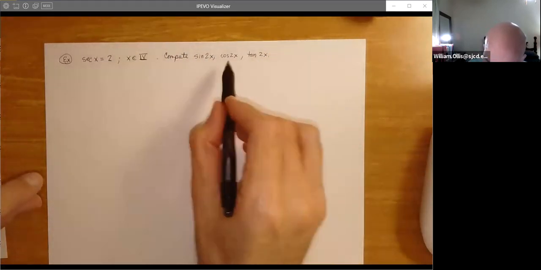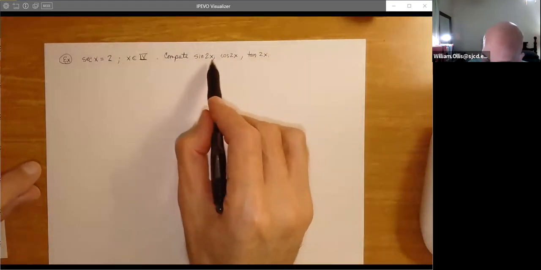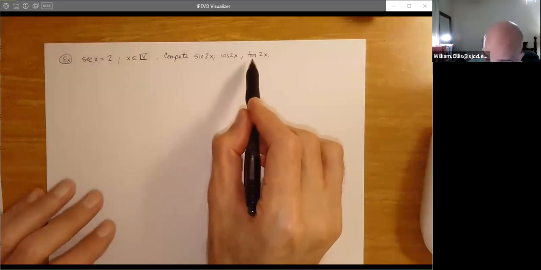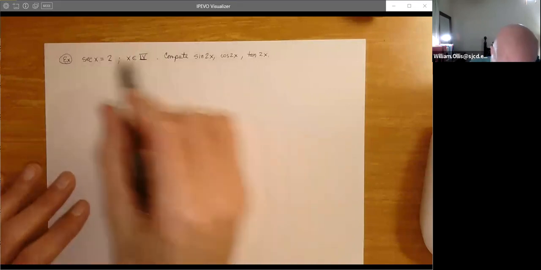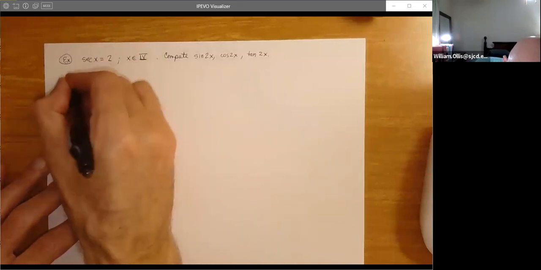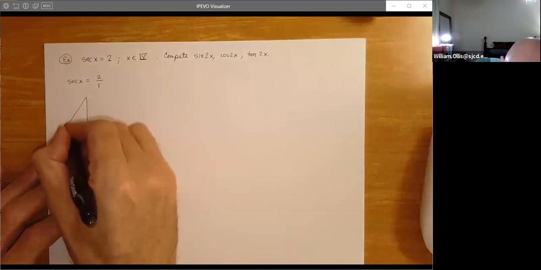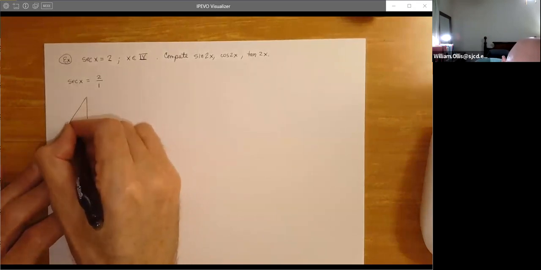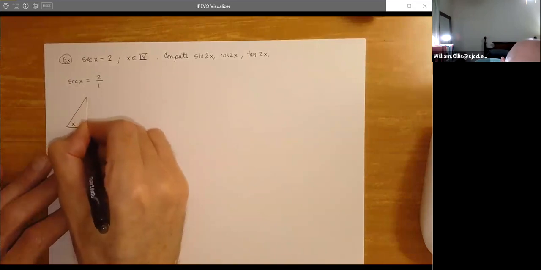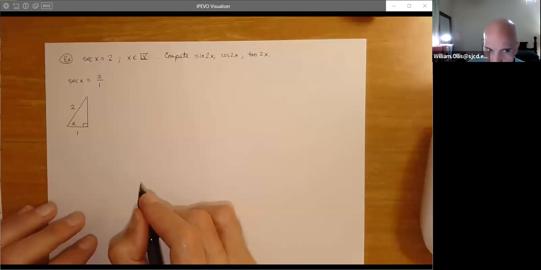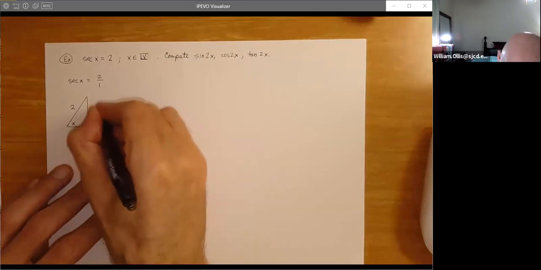Now, when we want to compute all of these, we're thinking these are all written in terms of the double angles, that is, in terms of sine and cosine. So first, we write the reference triangle. This is just 2 over 1, so that's hypotenuse over adjacent. This is like our friend, the unit circle, square root 3 kind of stuff.